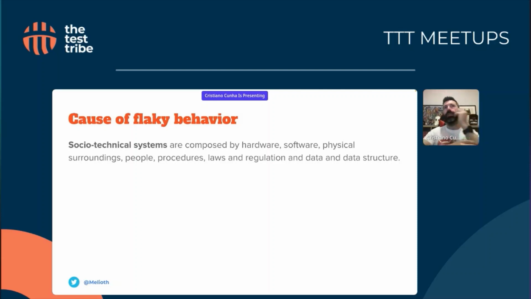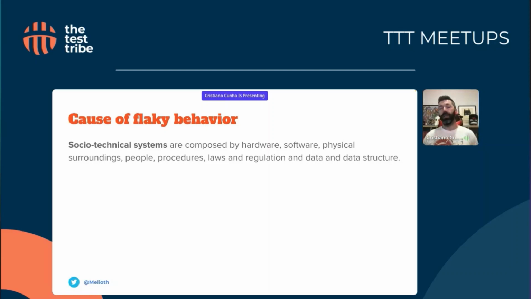As we've seen, socio-technical systems are now composed not only by hardware and software, but also by physical surroundings, by people, procedures. And I even put in laws and regulations, because your system will be indirectly affected by it, because you need to have in your code, in your application, that you need to obey laws and regulations that will make it work differently because of that.